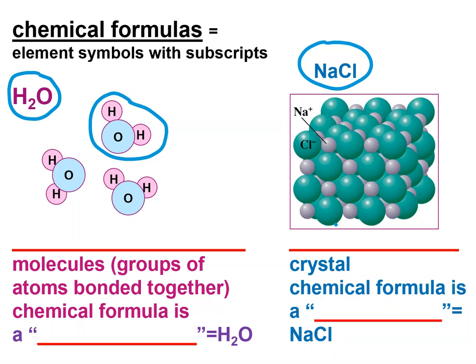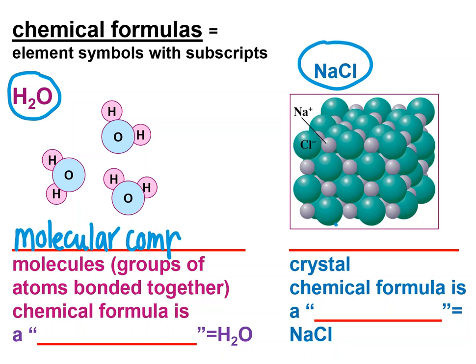Well, we have two different kinds of compounds. The first type, like water, is a molecular compound. In these, we do have molecules that are separate from the other groups.